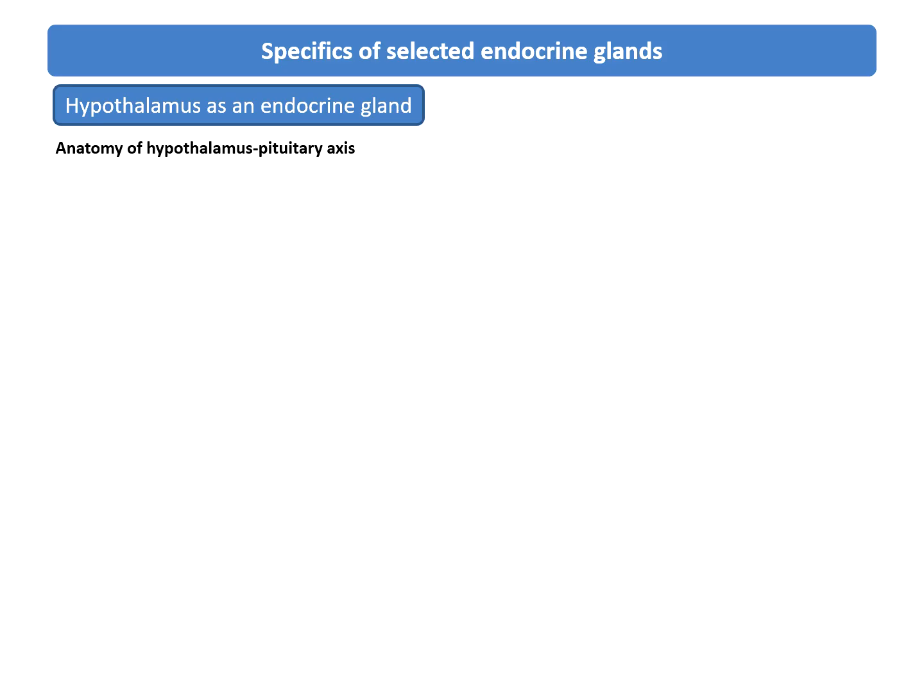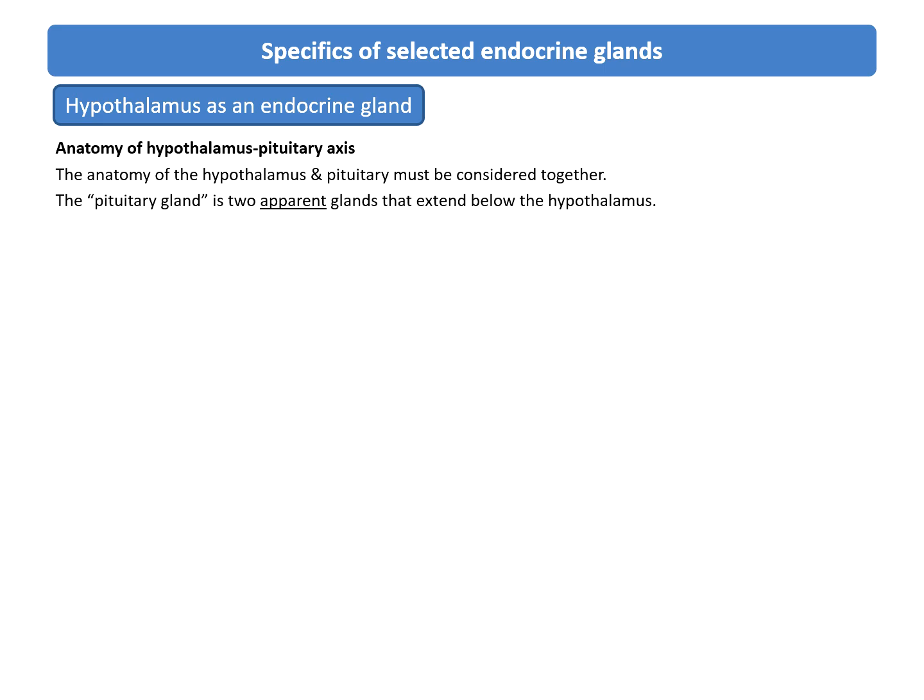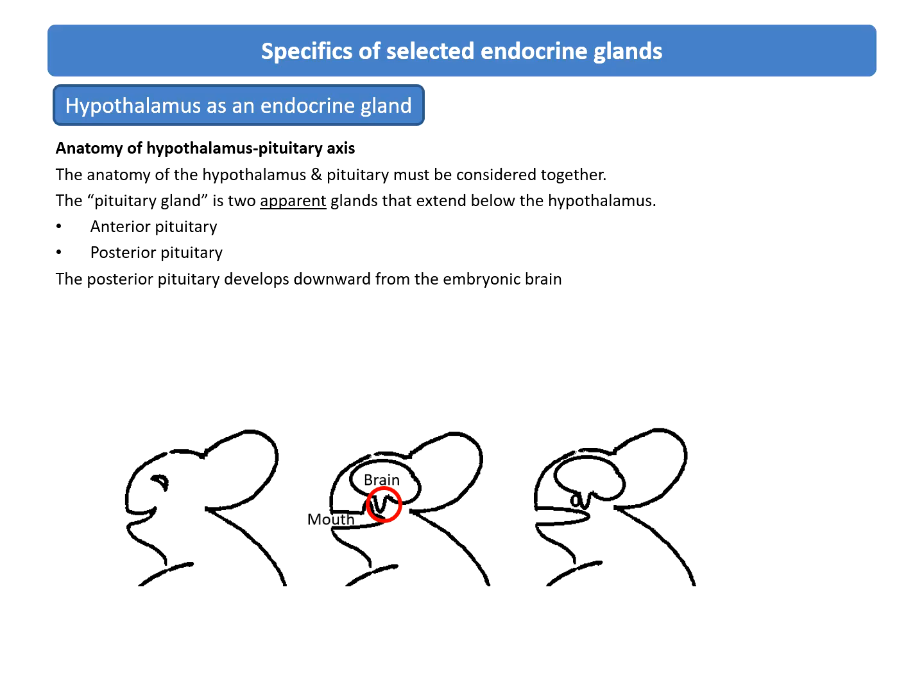We have to consider the anatomy of the hypothalamus and pituitary as a single unit. The pituitary gland actually is two apparent glands that extend below the hypothalamus, the anterior pituitary and the posterior pituitary. The posterior pituitary develops downward from the embryonic brain.